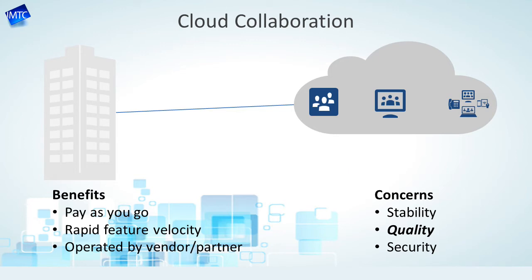So when they look at those things, they think about, okay, I could consume my collaboration from the cloud, and I would have the advantage of being able to have a predictable spending model and paying as I go. I don't have to worry about training my staff to upgrade the solution and operate it. The cloud provider will do that for me and be able to deliver features very quickly.